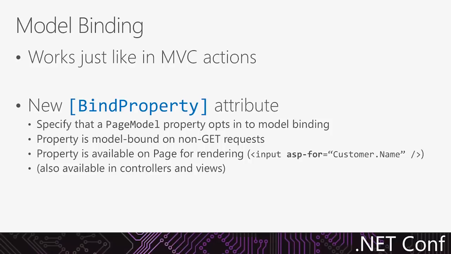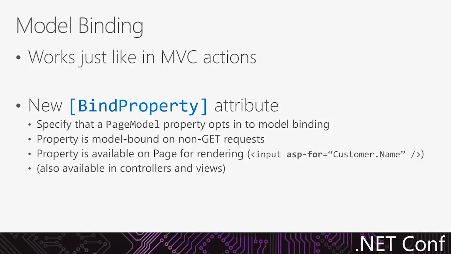And this eliminates the need to include it in method parameters of associated handlers. So, for example, if you have a form and when the user posts that form, you want the corresponding handler to accept the various elements that were on that form and use model binding, well, if you use the BindProperty attribute, you can have those bound to properties on the page model instead of having to specify one or more parameters on your OnPost method.